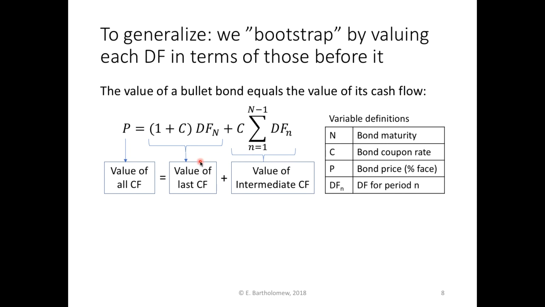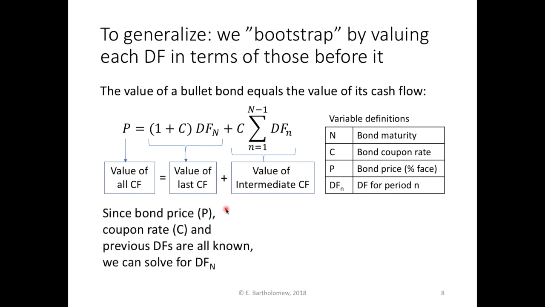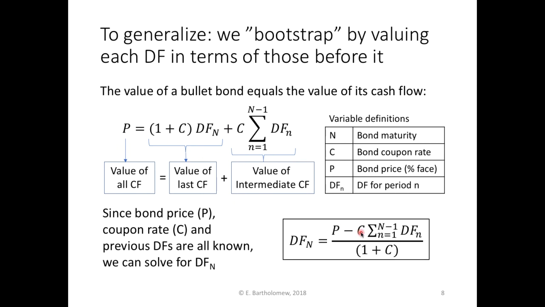This is the value of the last cash flow because we're getting 1 plus a coupon times the discount factor, which we don't know yet. And those sum to be P, the price of the bond. So we know P, we know the coupon rate, we know all the discount factors except for the last one. And so we can rearrange and solve for the value of that last cash flow. And that gives us this formula here.